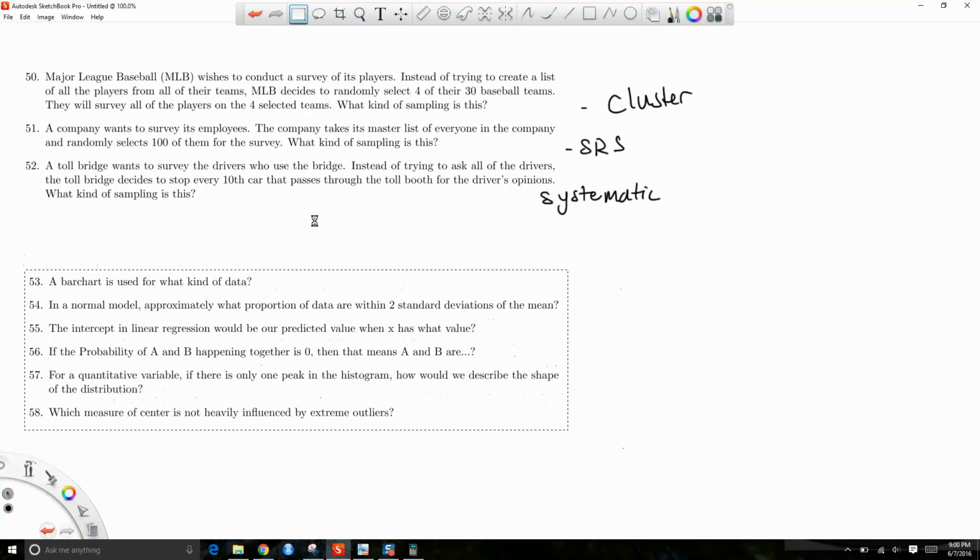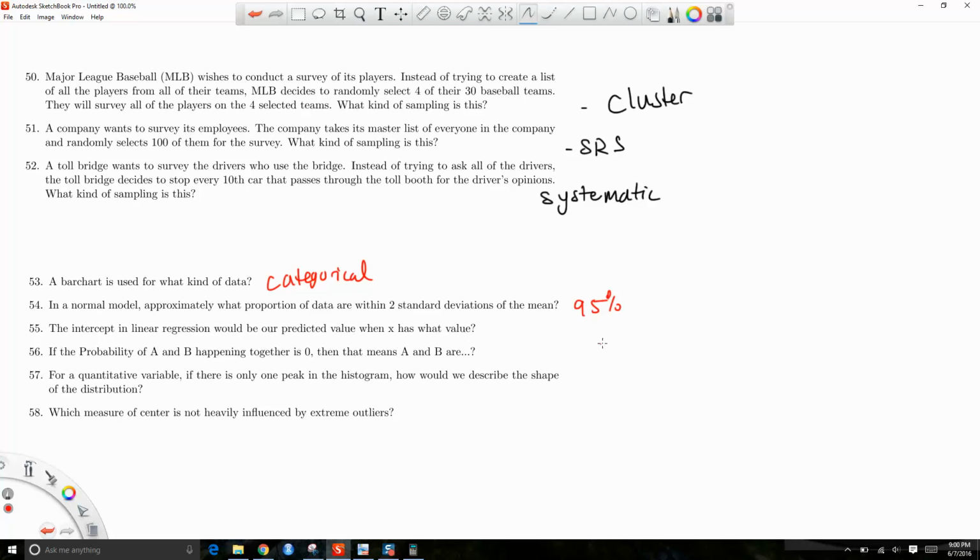Okay, a bar chart is used for what kind of data? Categorical. In a normal model, approximately what proportion of data are within 2 standard deviations of the mean? 95%.